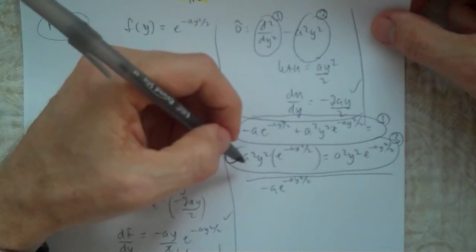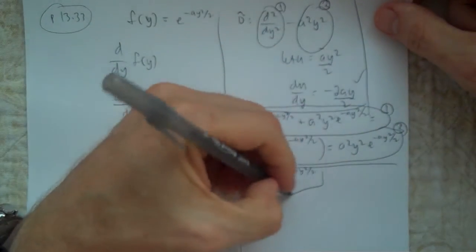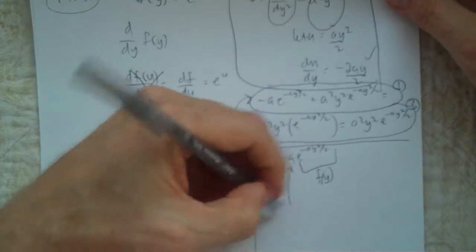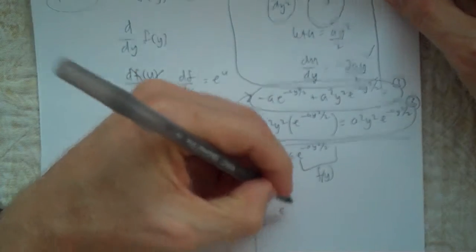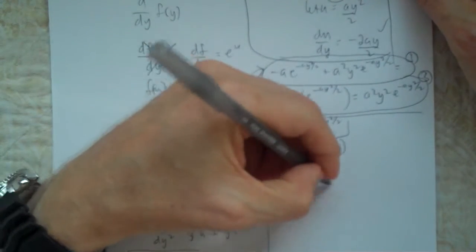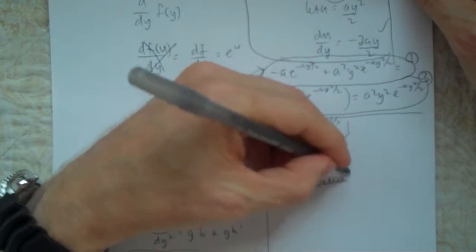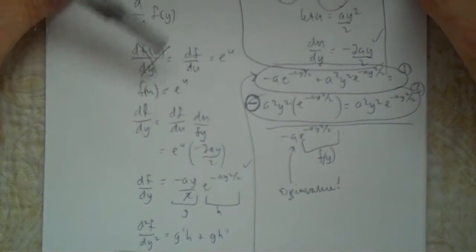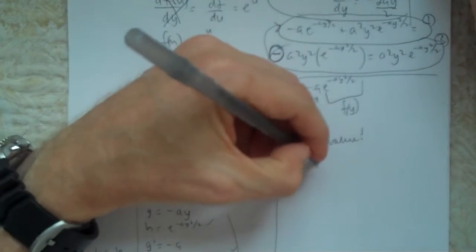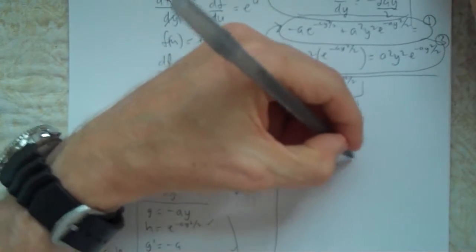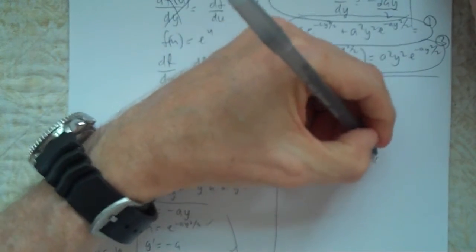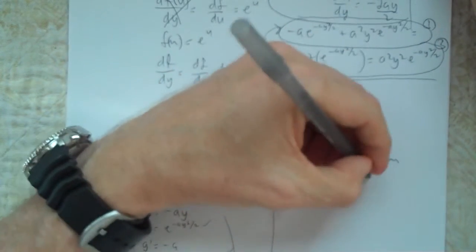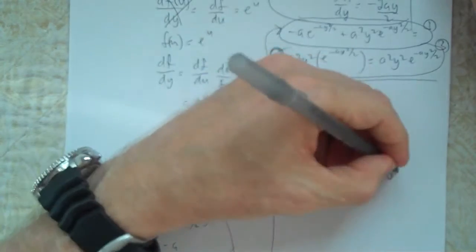Wow. Boom. So that was my original function, f of y, times a constant, and therefore this is my eigenvalue. Okay, that was easier than I expected. So yes, it is an eigenfunction of the operator. Boom.